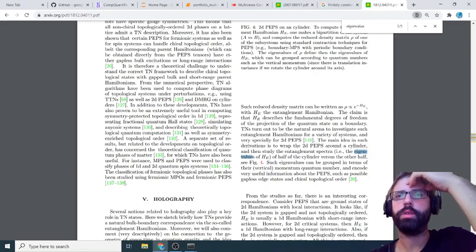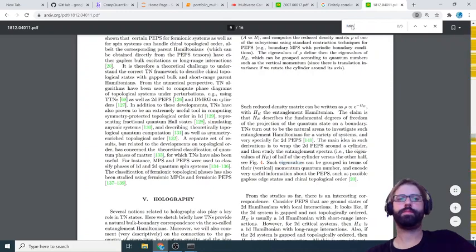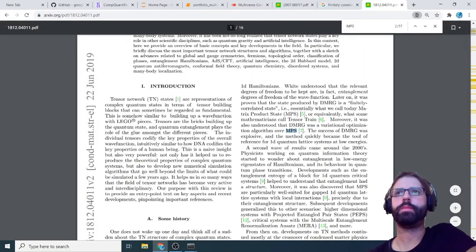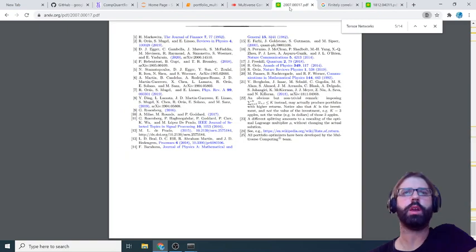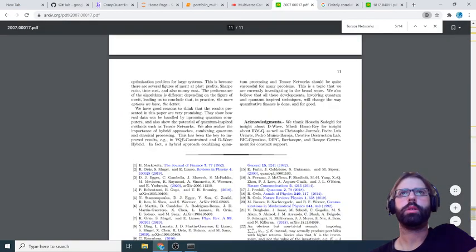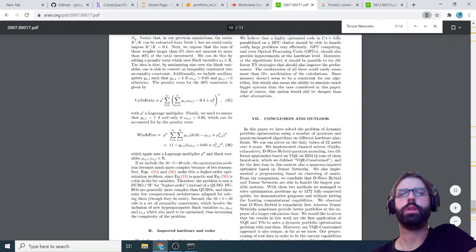Spectral eigenvalues of MPS. I was hoping to actually find directly an algorithm, but it seems like I'll really have to dig deep into these.